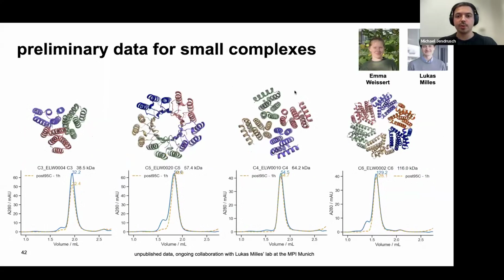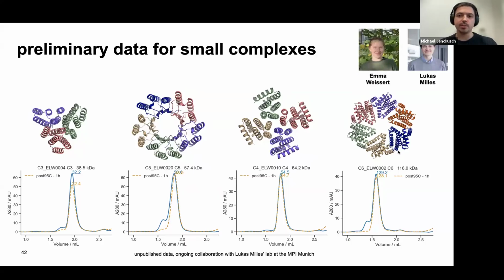And just recently, we were able to get some first experimental confirmation for the smaller designs. These four here. Basically, what our collaborators at Lucas Miller's lab did was take the proteins that fell out of the pipeline, order them as DNA, express them, purify them, and run them through size exclusion chromatography to see, do they have the right size?